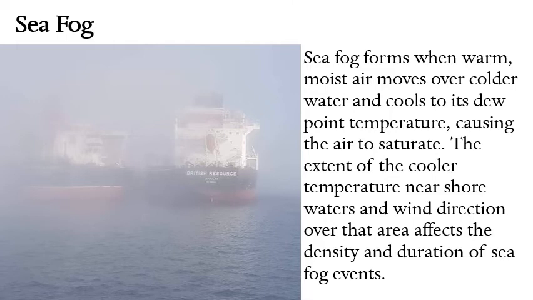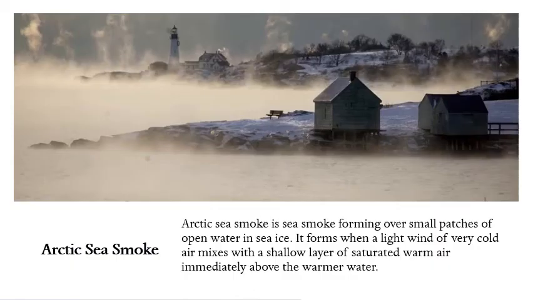The extent of the cooler temperature of near shore waters and wind direction over that area affects the density and duration of sea fog events. So the occurrence of fog, as we discussed in the relative humidity and dew point lectures, is from the formation of saturated air. So that is sea fog.